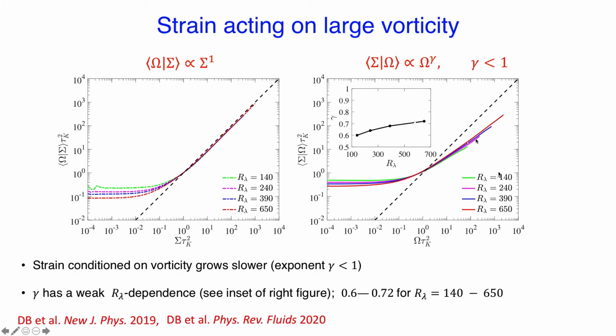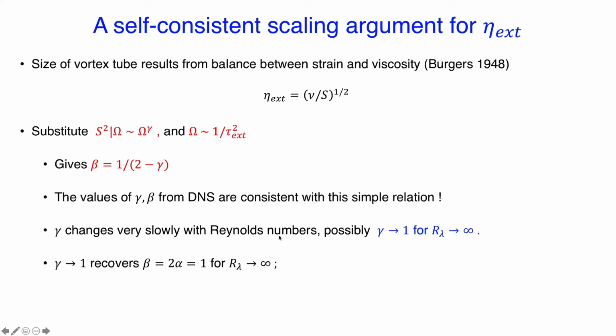If we try to extrapolate what will happen at basically infinite Reynolds number, we come to the conclusion that this gamma might approach 1, but very, very slowly, at extremely large Reynolds number. Based on some fitting, we got something like 30,000, which is impossible to verify because 30,000 doesn't even exist on Earth.